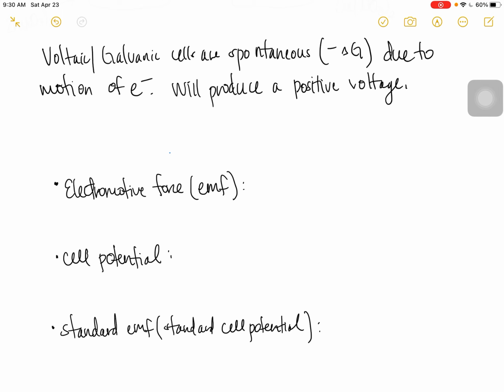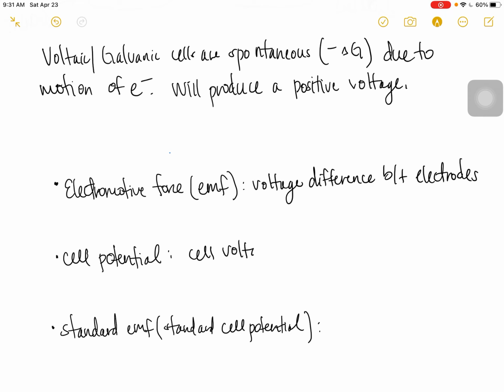Okay, so moving on, a couple of terms to talk about. The first one is electromotive force, or EMF, and this is the potential energy difference or the voltage difference between the two electrodes. And then the cell potential or the cell voltage is the voltage produced by this reaction.